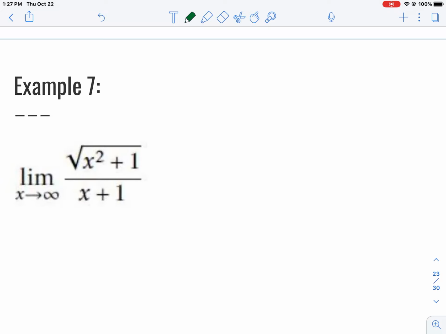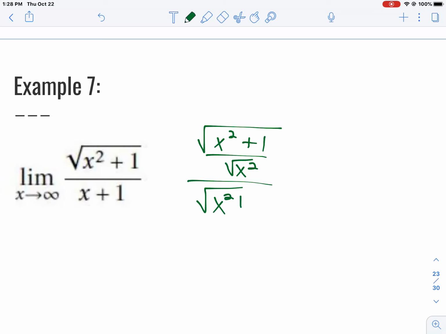So what I'm going to do here is divide everything by the square root of x squared. And you may ask, Mr. Enzi, why are you doing that? Well, if I divide everything by x, I'm not going to be able to do anything with the radical. Nothing's going to happen.